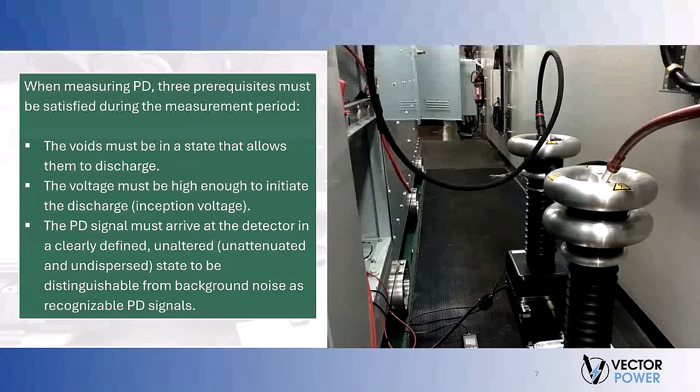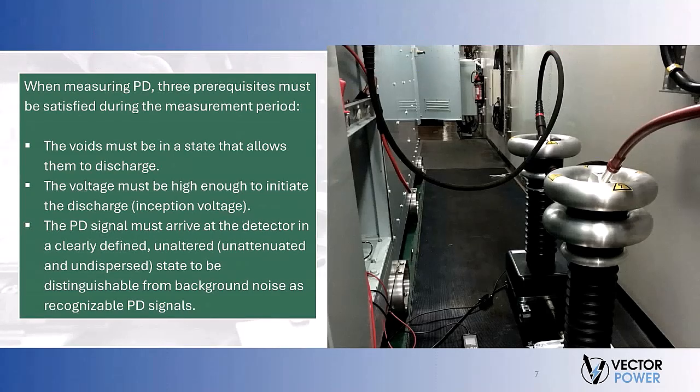Now, let's slow down. Regarding that first point about the state of the void, partial discharge is a stochastic, probabilistic process. Depending on various parameters and conditions, it may or may not occur at a void.